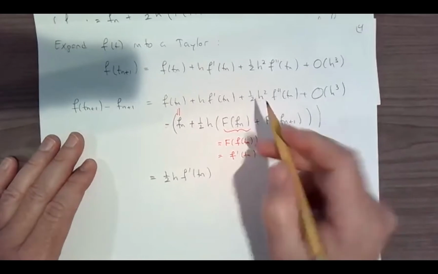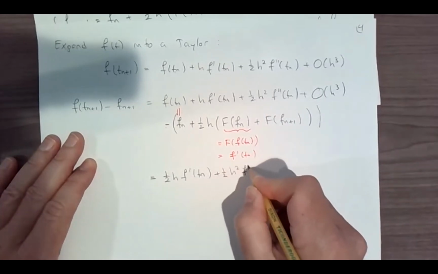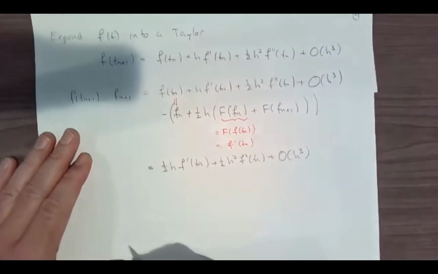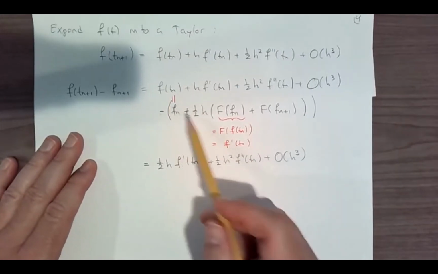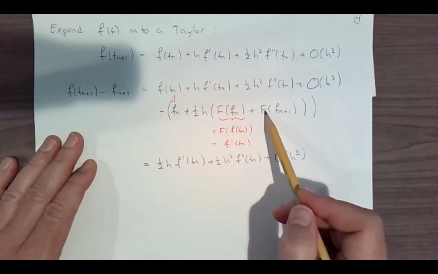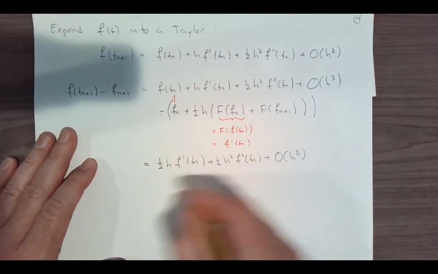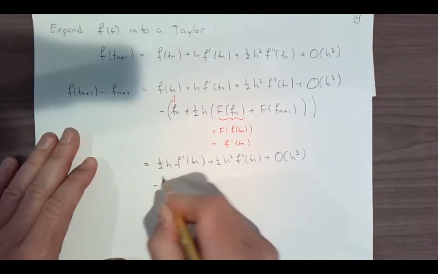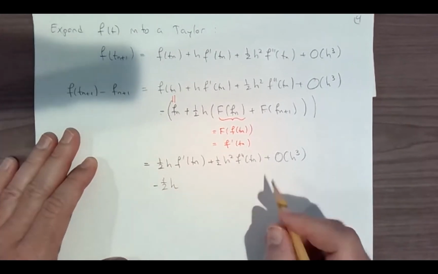And then I have the higher order terms, 1/2 h squared f double prime of Tn plus O of h to the power 3. And what else is left downstairs? This guy I already took care of. This term here, he merged with this one. I got the half, and then there's this one here that's left. So I get minus 1/2 h times this guy.